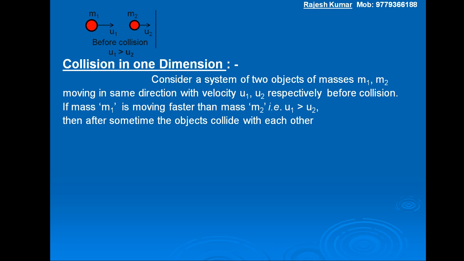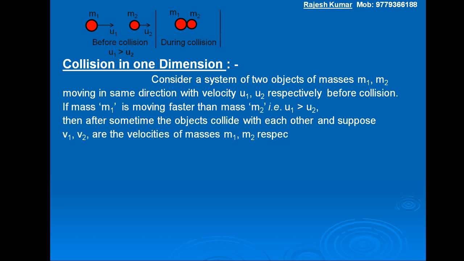That is, the object of mass m1 collides with the object of mass m2. This is during the collision, and suppose v1, v2 are the velocities of masses m1, m2 respectively after collision.